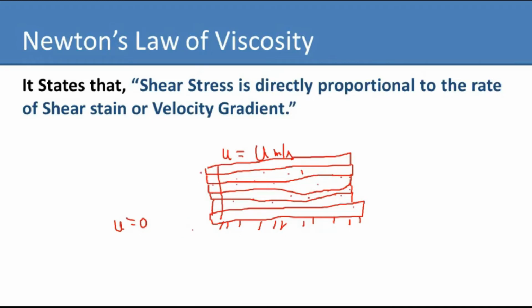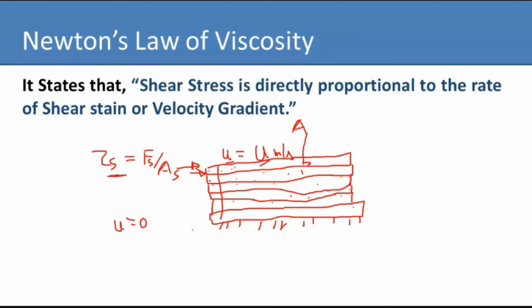As per the definition, when you apply the force F on this cross-section or surface area A, this shear force per unit surface area is nothing but shear stress. So you are going to apply the shear stress tau on the upper plate, and because of this shear stress, this plate is going to move with velocity capital U meter per second.